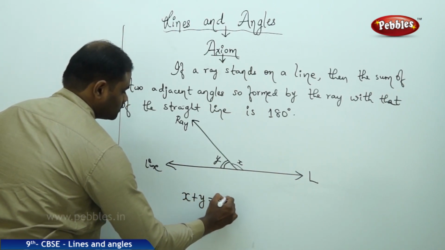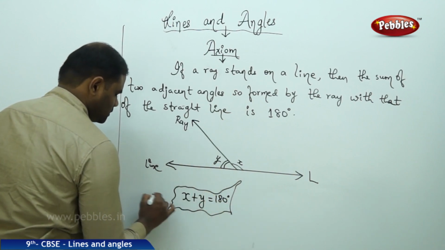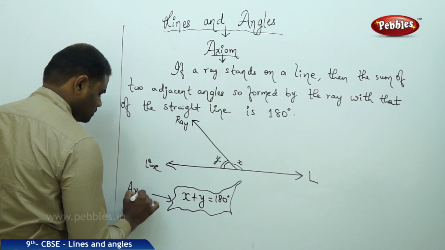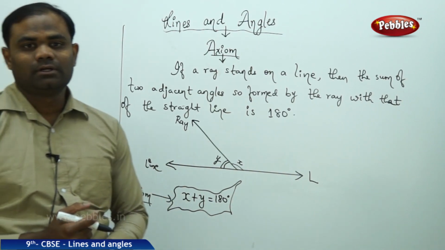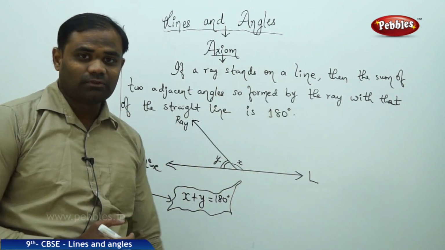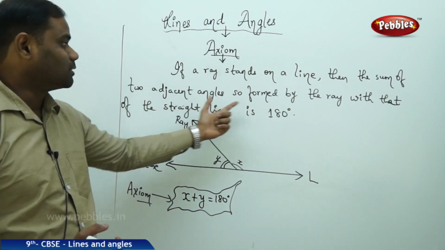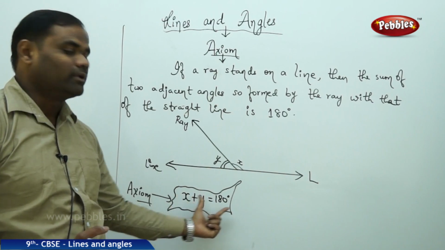Obviously, because the ray makes with the straight line 180, the property says x plus y is this. This is how the axiom states. If a ray stands on a straight line, then the sum of the adjacent angles so formed by the ray with that of the straight line will always be 180 degrees.